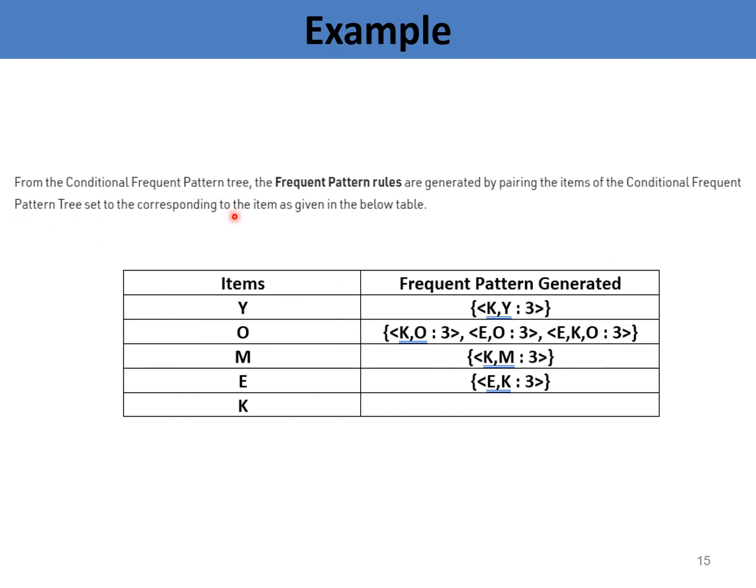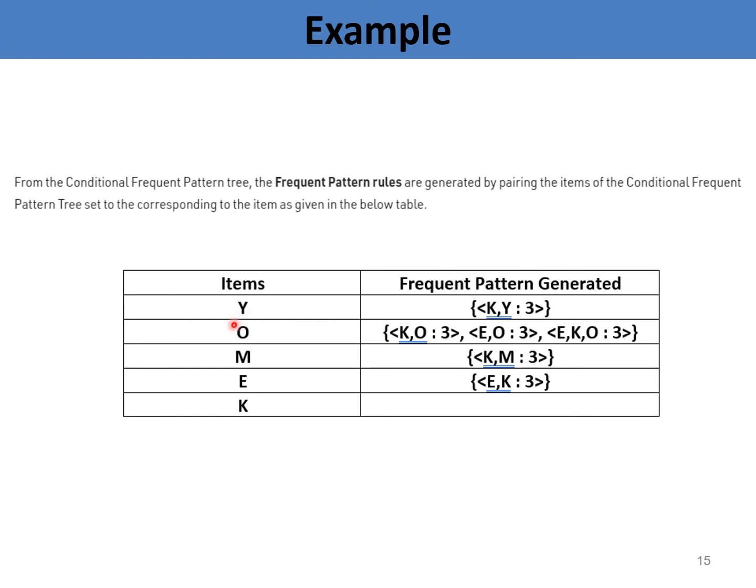So next, from the conditional frequent pattern tree generated in the previous slide, the frequent pattern rules are generated by pairing the items of the conditional frequent pattern tree set to the corresponding item as given in the below table. Like in the previous slide, in the conditional frequent pattern tree, K is common. So we will make a pair of K with Y to generate frequent pattern rules.